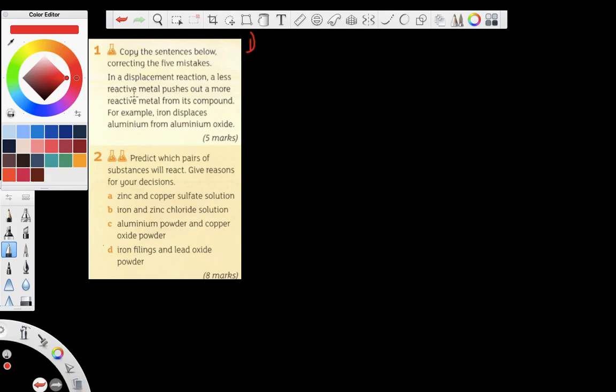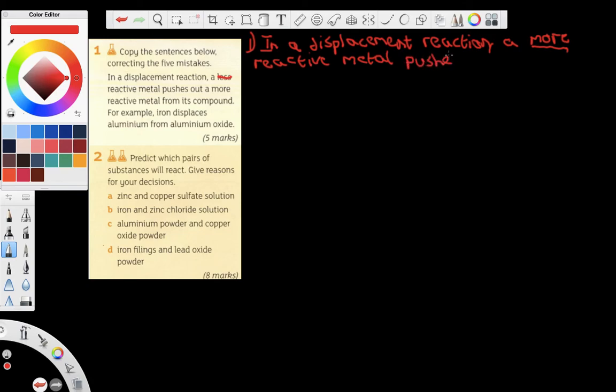So, your sentence should have read, in a displacement reaction, comma, a more, so this was wrong, a more reactive metal pushes out a less, and that was another mistake, reactive metal from its compound, full stop.